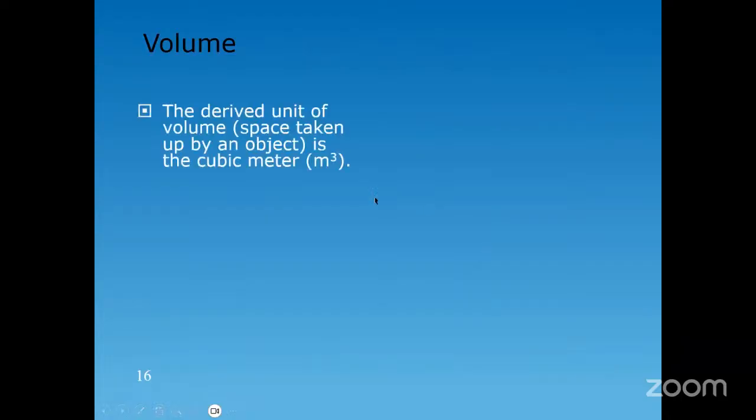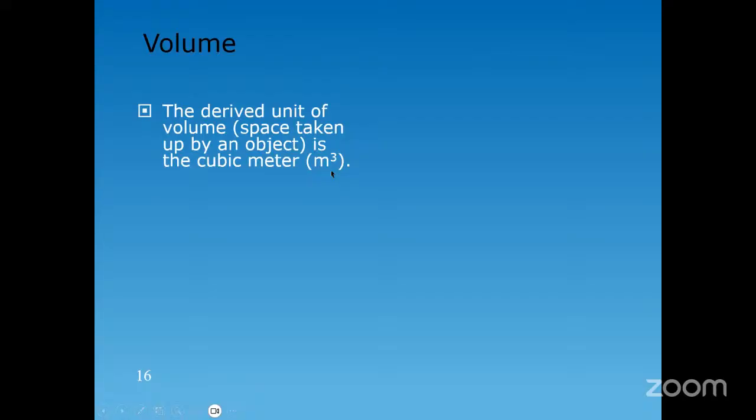Okay, and then there's another unit with respect to the volume, which is also related to length. Now, by definition, the volume is the amount of space that is taken up by an object. And the derived unit of volume is the meter cube unit.